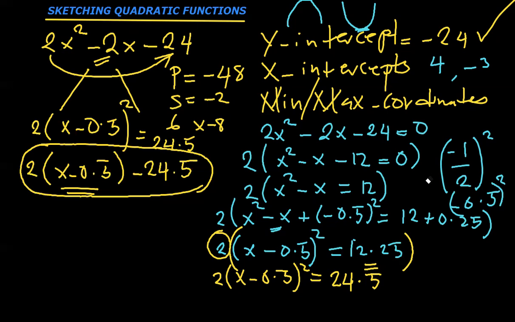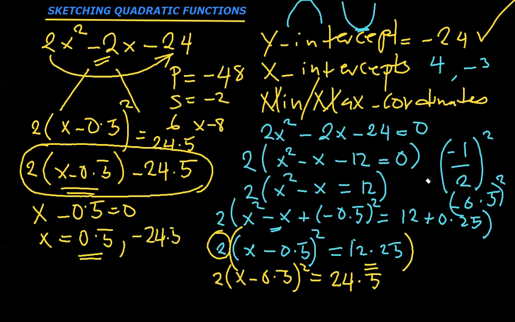So x minus 0.5 equals 0, and x equals 0.5. So you get the x coordinate of the minimum point, and this is going to be our y. So we just put negative 24.5, and that gives us the coordinates of the minimum point.